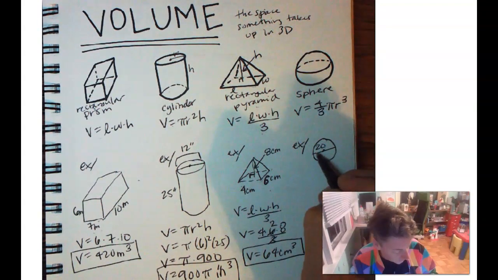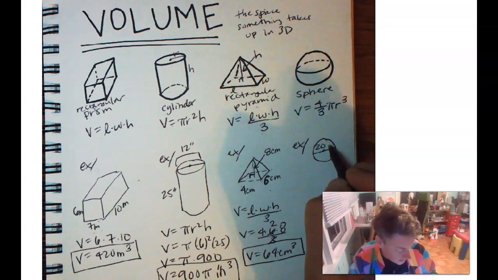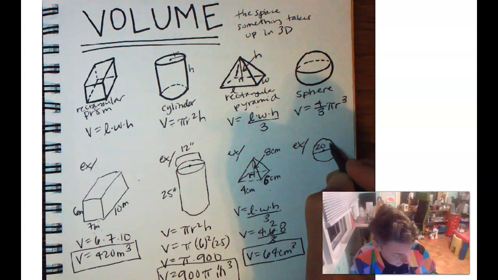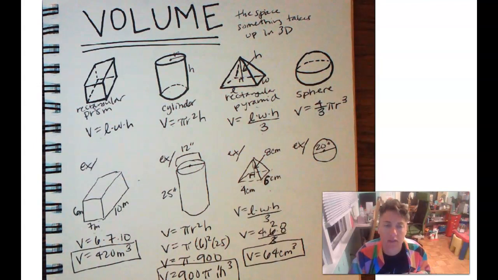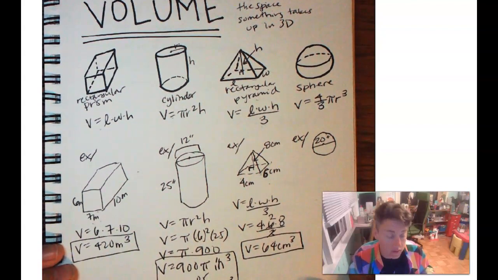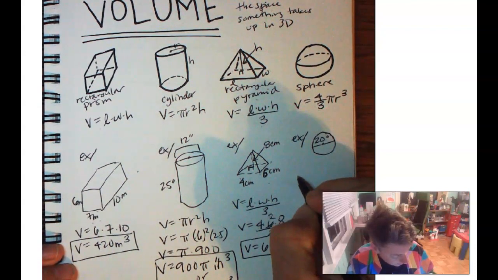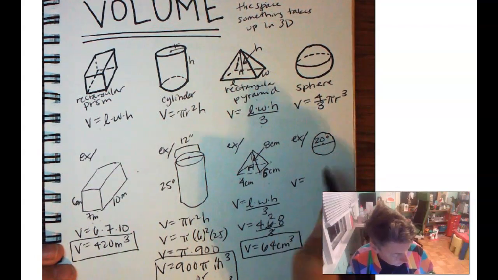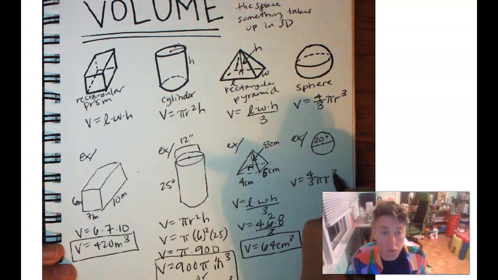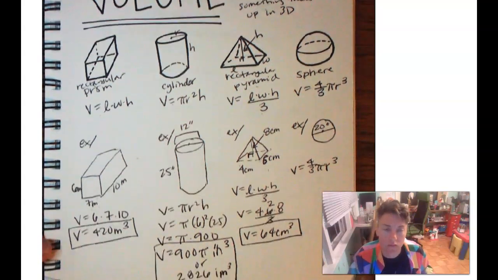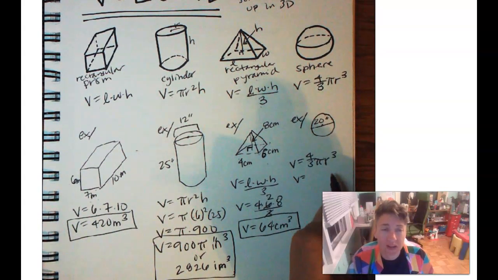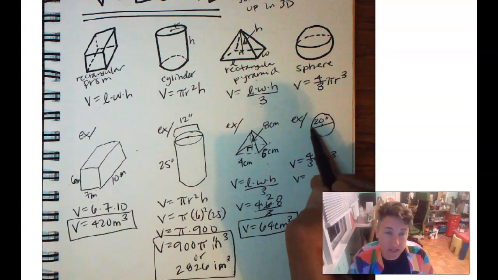The diameter of the ball is 20. What should our units be here? Let's say inches. And we're trying to find the volume of this dude. So we know our formula is V equals 4/3 pi r cubed. So we're going to plug in for our r, our radius, half of this diameter, which is 10.